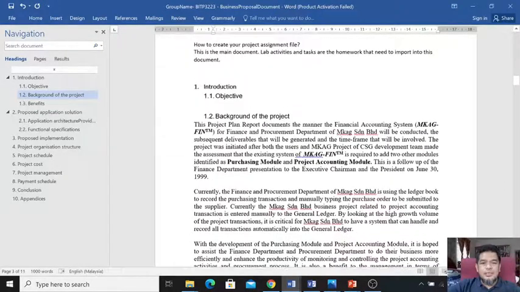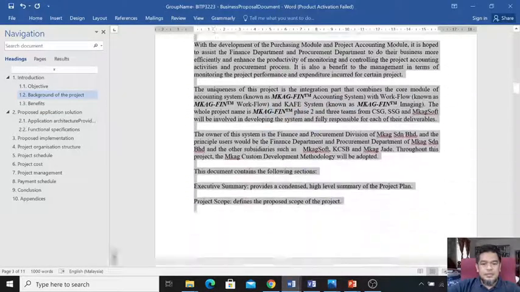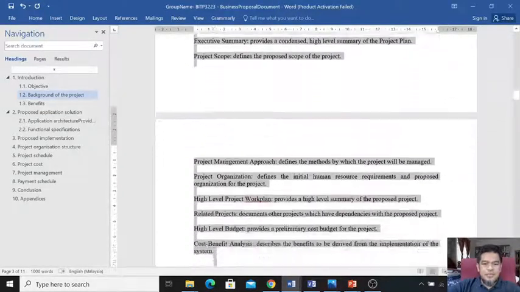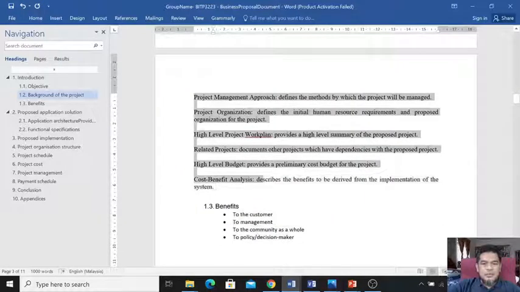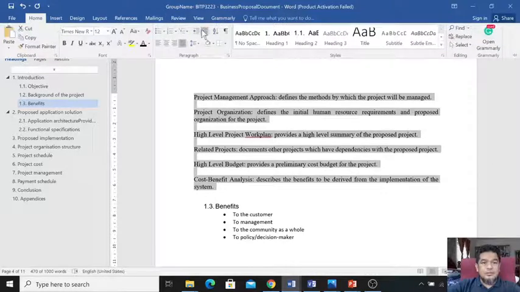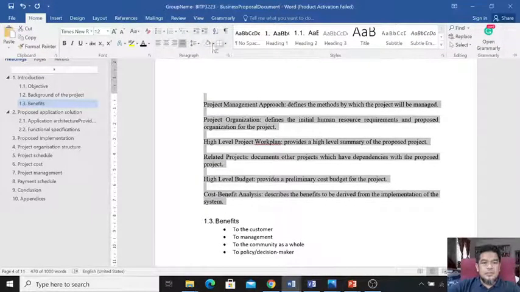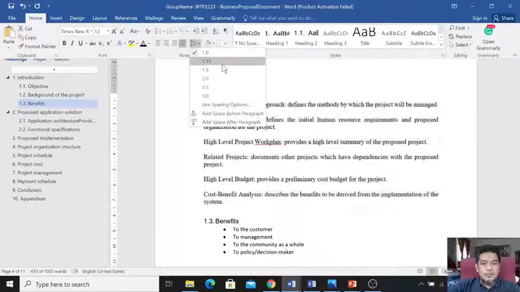Okay, so this is under background. It's a very long write-up, but please limit the introduction to only one page long.